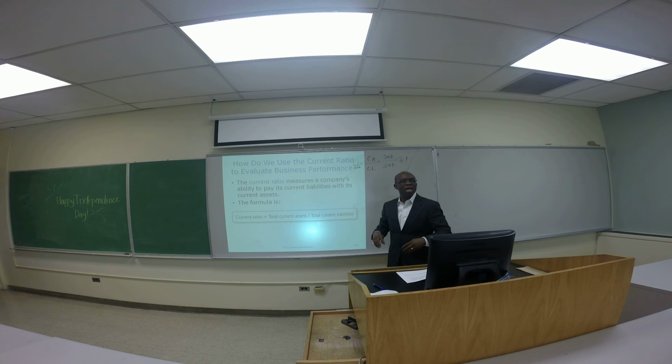We call that the industry average. So if your current ratio is 2-to-1 and the average company in the industry in which you are operating is 3-to-1, then of course your current ratio is not that impressive. Believe it or not, this is the conclusion of the chapter 4 presentation.